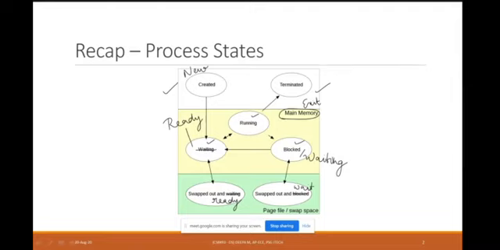So these are the different process states that we saw. Whenever there is no space in your main memory, you went to your secondary storage space, and that can also be called swap space. We saw another name for this swap space.